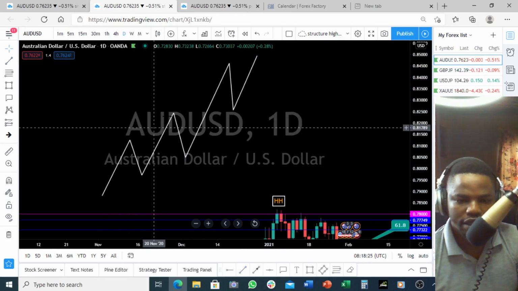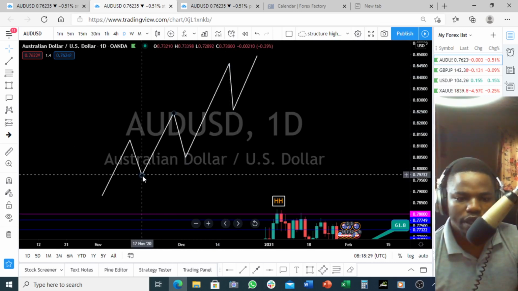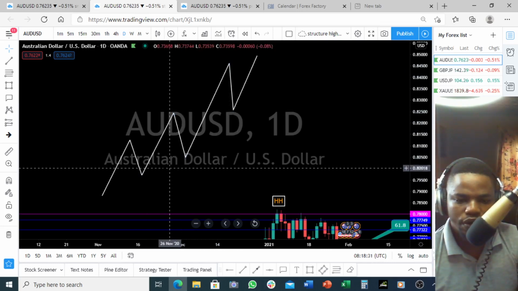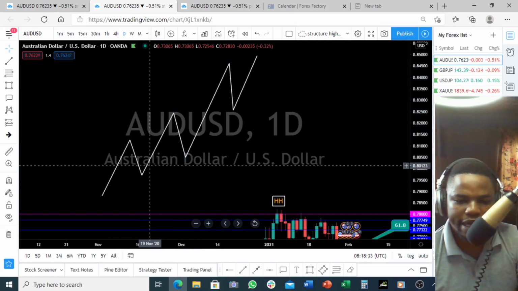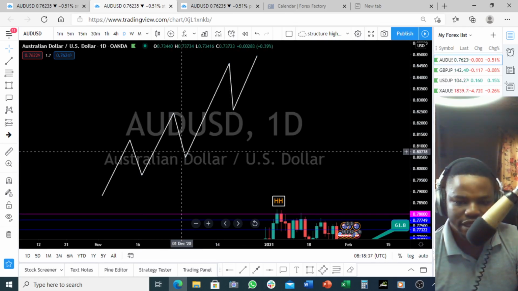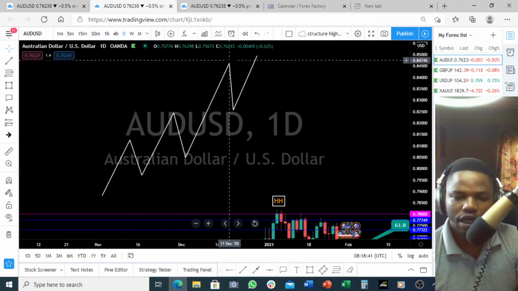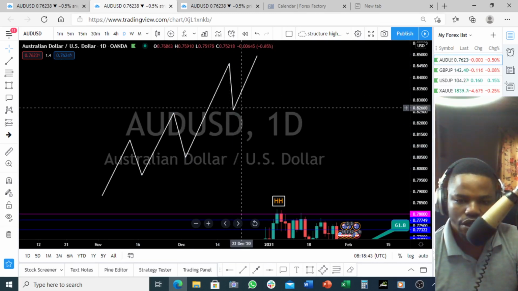This area is higher than this. Then pull back, higher low. This area, why is it a higher low? It is higher than this area, but it's lower than that area. That is the reason why we call it a higher low area, as explained there. Higher high, higher low, right here.